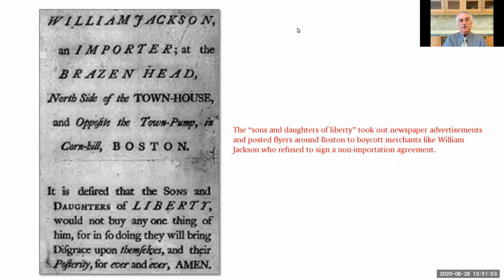"William Jackson, an importer at the Brazen Head, north side of the townhouse, and opposite the town pump in Cornhill, Boston. It is desired that the Sons and Daughters of Liberty would not buy any one thing of him, of William Jackson. For in so doing, they will bring disgrace upon themselves and their posterity forever and ever. Amen." Sort of praying this guy into bankruptcy. And they were doing everything they could to force merchants to stop selling these imported items.